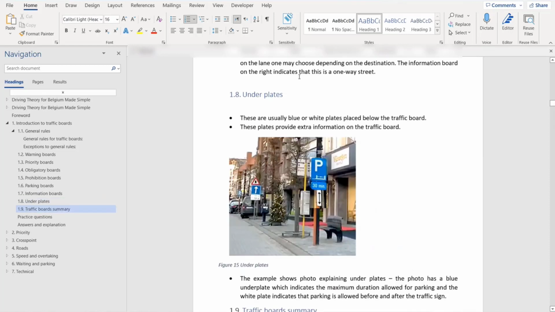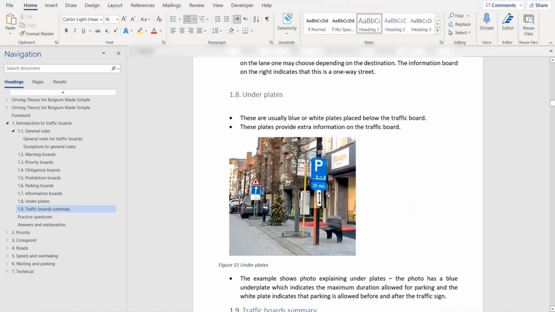Now let's talk about the under plates. These are usually blue or white plates placed below the traffic board. These plates provide extra information on the traffic board. So here you see a board for parking, blue board, information board.